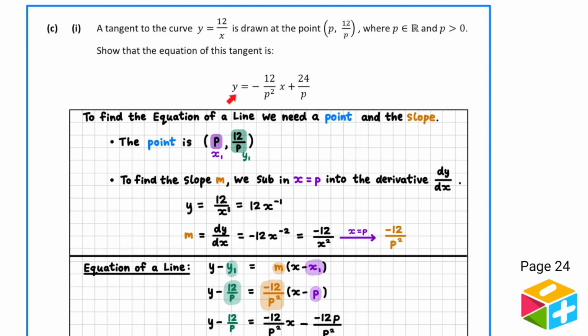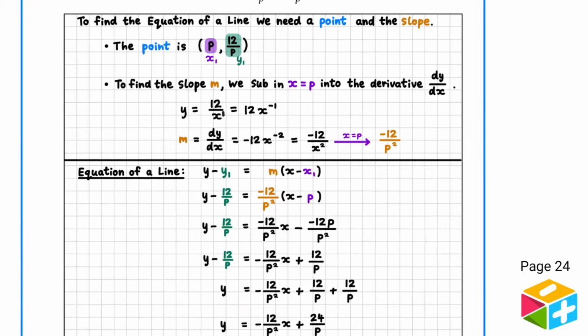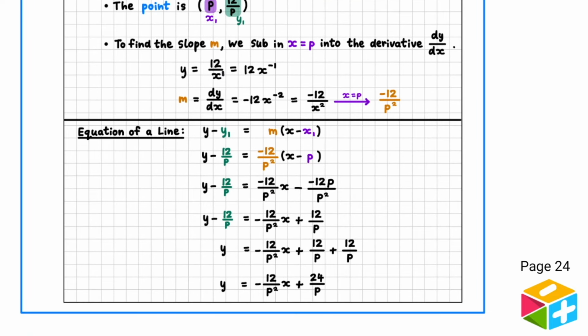In the target expression we were given, y is all by itself on the left-hand side of the equation. We should do some algebra to get our equation into this form. To start, let's multiply out the brackets on the right. Minus 12 over p squared times x gives us minus 12 over p squared x.